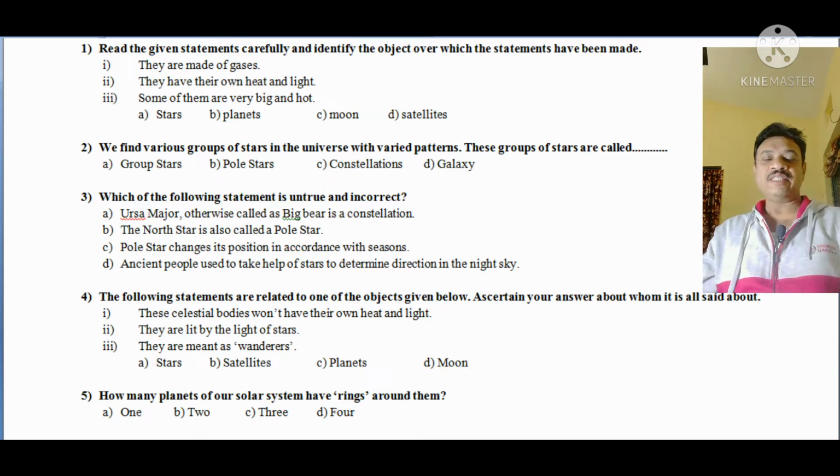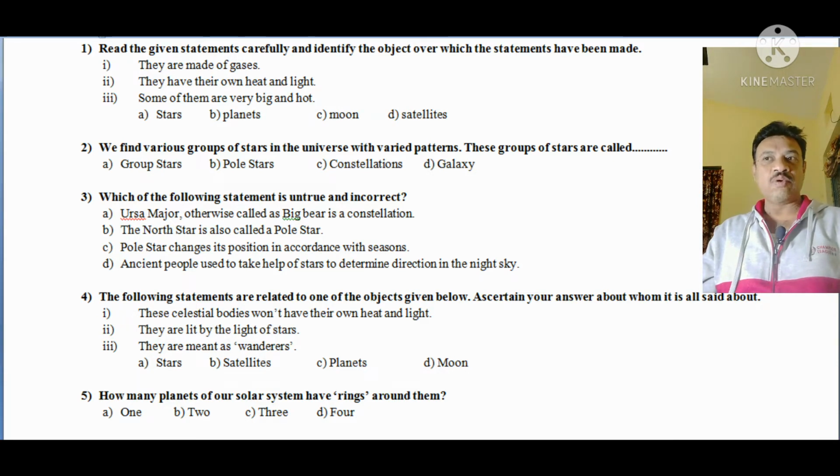Fourth, ancient people used to take help of the stars to find the direction in the night sky. So the first one, Ursa Major is also called Big Bear. That is true. It is also a constellation, because a shape should be there, and Big Bear is a shape, though not exactly a bear will be there in the sky. Therefore the first one is correct.